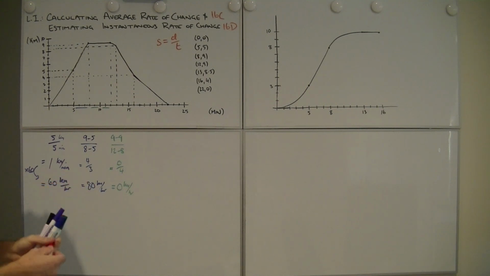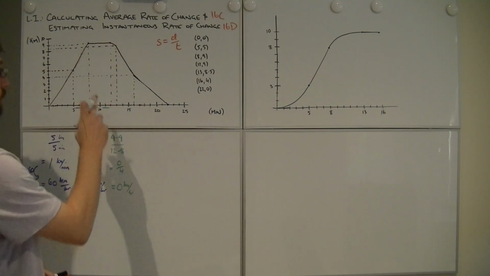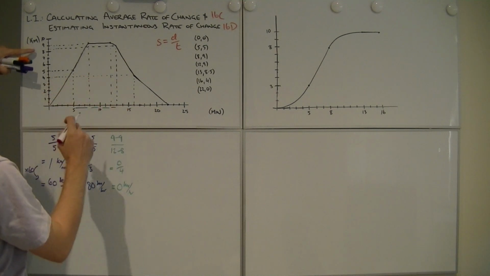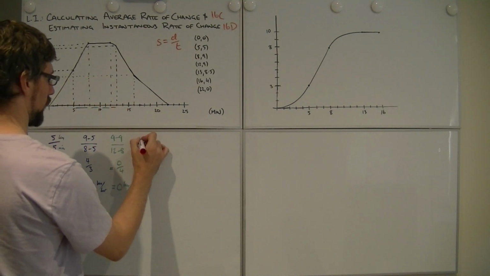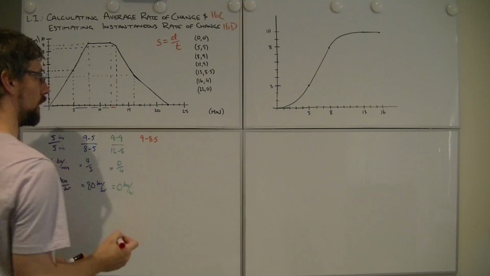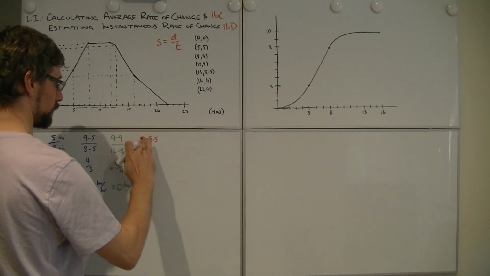Okay. Next bit. Cool, we've got this tiny little section in here. Alright, I'm now going from 9 to 8.5. Okay? Now, I've got to be a little bit careful here because it's not 9 minus 8.5 because I started at 9. So, I've actually got to flip those around.